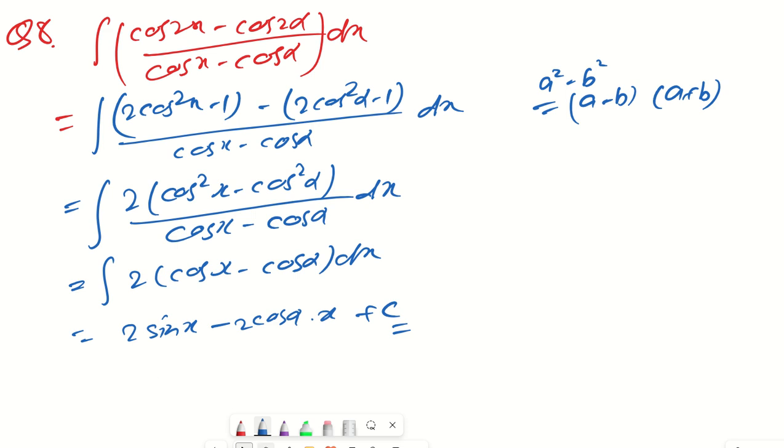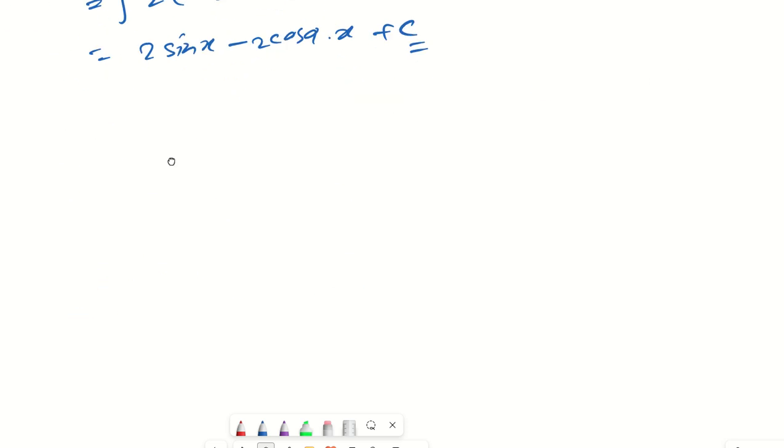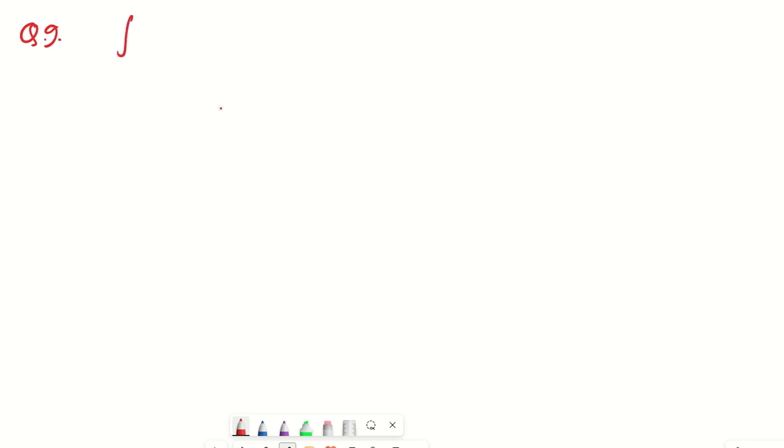Let's take another question. So question number 9. Question is integration of tan cube 2x into sec 2x. This is also going to be a very simple question. Why?